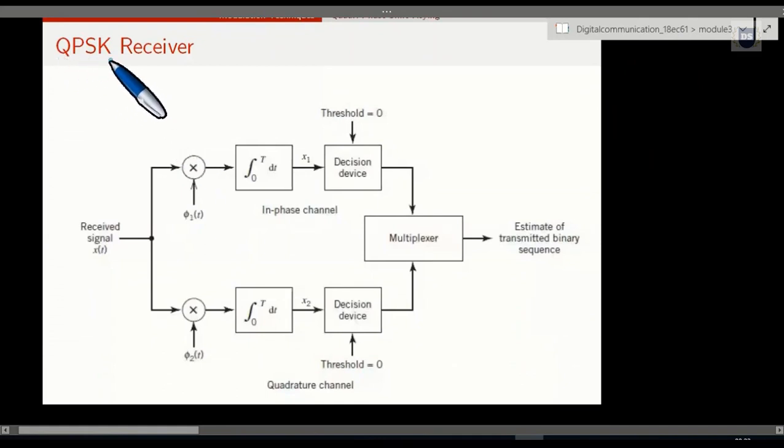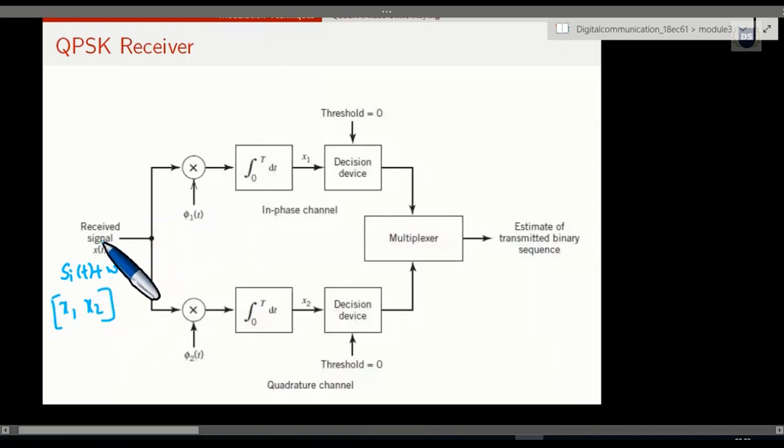Likewise, back in our QPSK receiver, we'll be receiving signal x(t), which is the summation of si(t) plus w(t), out of which we have to extract x1 as well as x2.